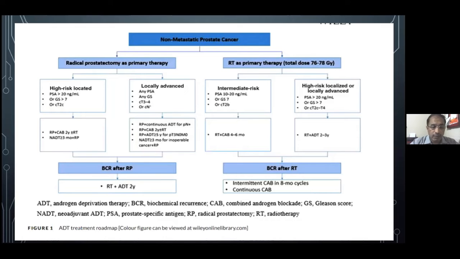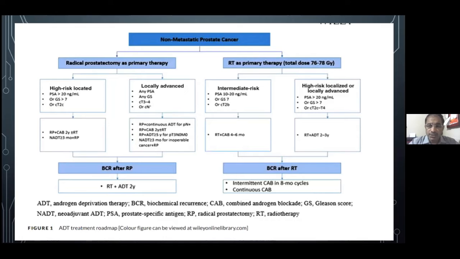Again, if they fail biochemically, then radiotherapy plus hormonal therapy is important. In patients receiving radiotherapy as a primary treatment, in the intermediate risk group, hormonal therapy is important with radiotherapy. It is usually short term.